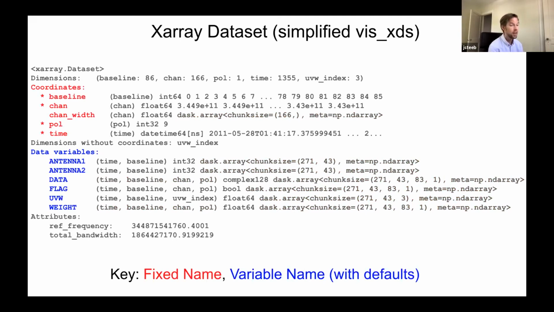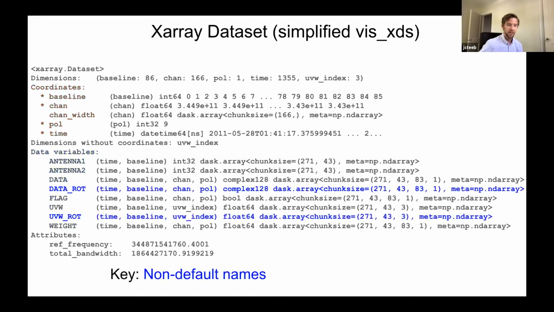Now, the names I've got there are what we call the default names, for example, data, UVW, and whatever. But during the processing operations, we can add data variables with non-default names. For example, if I want to do a phase rotation of my data so that it points to a different phase center, then I can add DATA_ROT and UVW_ROT. Okay, so that has transformed those data variables.